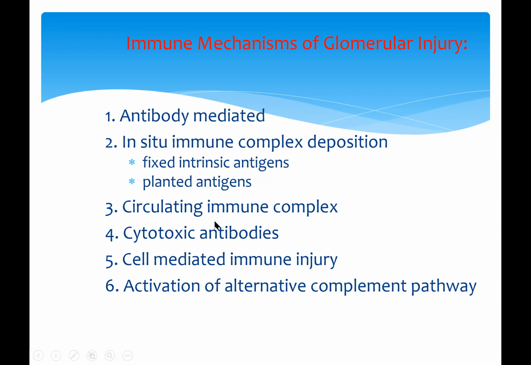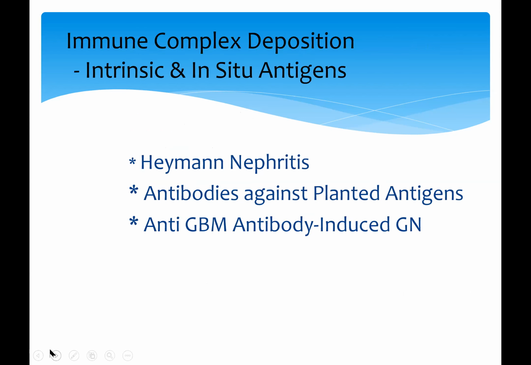You also have your circulating immune complexes, which may be endogenous antigens like tumor, or exogenous antigens like infectious products. It may also be cell-mediated and activation of complement pathway. So let us take a look at each one.